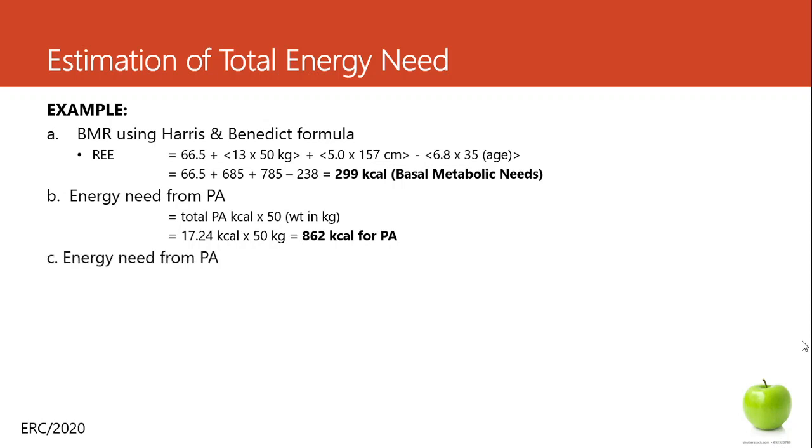Okay, then moving on, that's letter C, the basal energy cost and activity cost. 1,299 kilocal plus the 862 kilocal, we have 2,161 kilocal. Okay, that's the basal energy cost and activity cost.